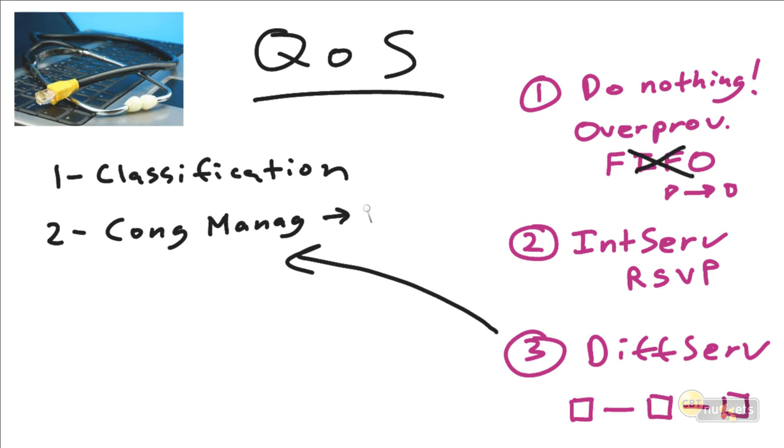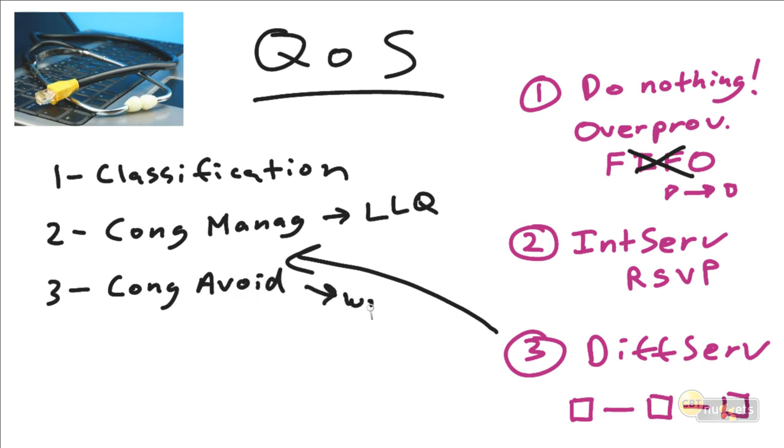We'll use something fancier like low latency queuing, which will allow us to prioritize certain packets over other packets when interfaces are congested. We'll use congestion avoidance. Something called weighted RED is used here. This is where we will literally toss away unimportant packets when we're starting to get congested to try and avoid congestion. There are link efficiency mechanisms.